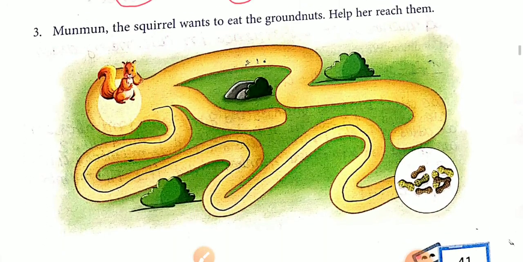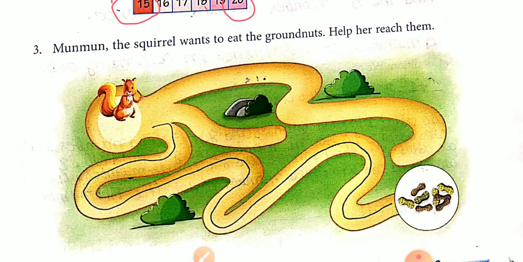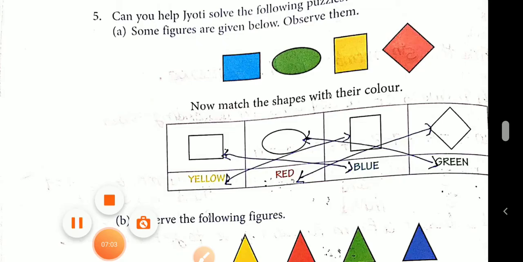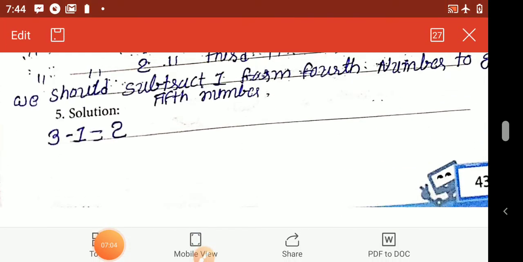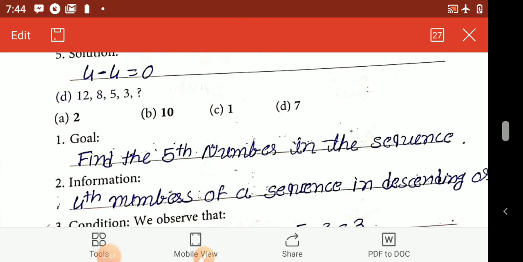Now question 3. Munmun the squirrel wants to eat the groundnuts. Help her to reach them. Here in the question, 12, 8, 5 and 3, we have to find the fifth number.